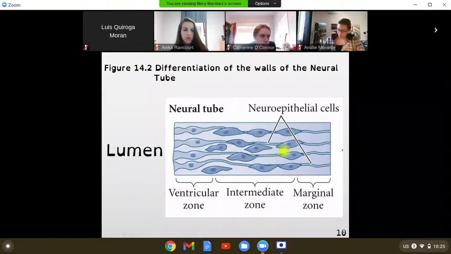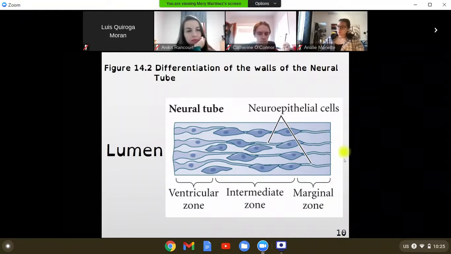And then at the other end, we have the marginal zone, which is the outer zone of the neural tube. So the basic structure is this one: ventricular zone closer to the lumen, intermediate zone or mantle zone, and then the marginal zone, that is the outer section of the neural tube.